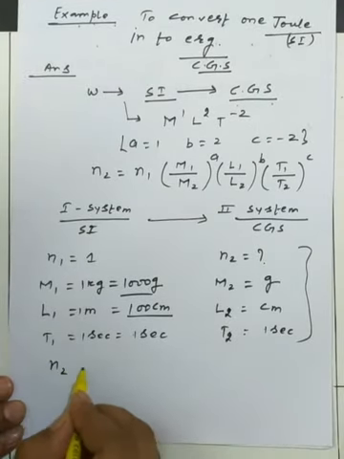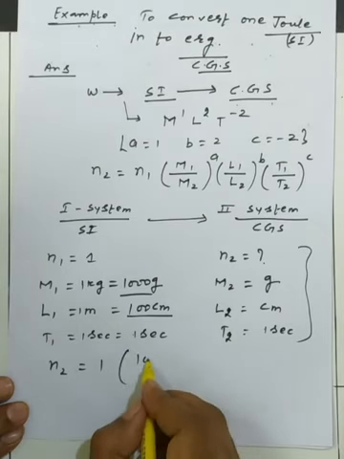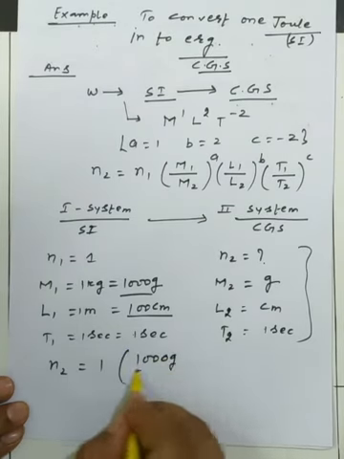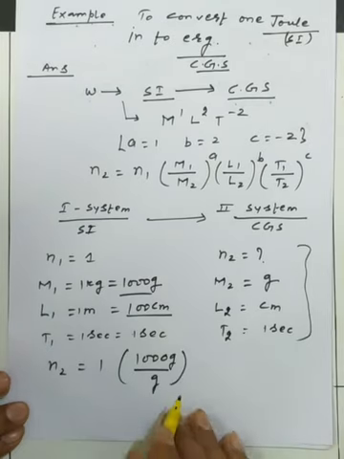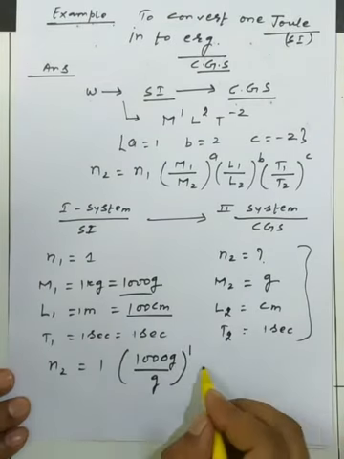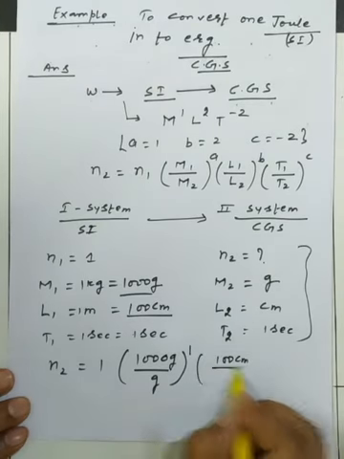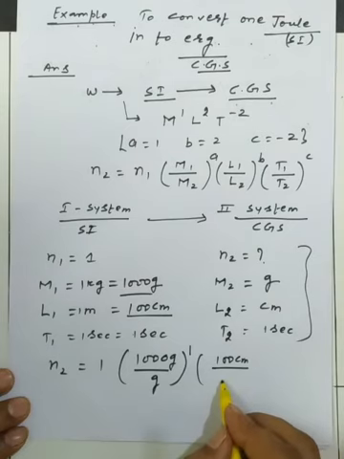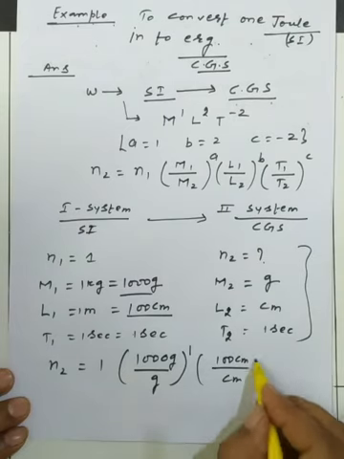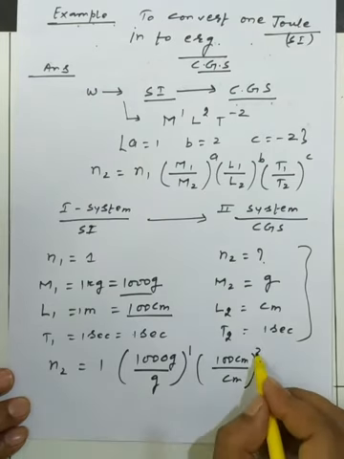So we are getting N2 equal to N1, that is 1, with 1000 gram divided by gram, raised to a, the dimension of work done, that is 1. Similarly, L1, that is 100 centimeter, divided by L2, that is centimeter, raised to b, that is 2.